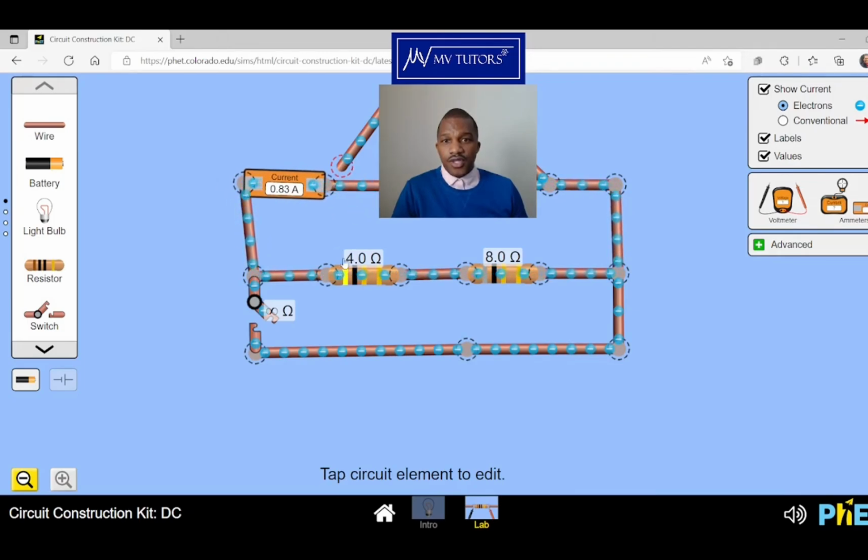What I want you to see, look at this ammeter, the reading of the current. It's joined. You see that the current is astronomically high. So what's happening is that there's an increase in current. This is what we call a short circuit. And because there's an increase in current, the battery heats up.